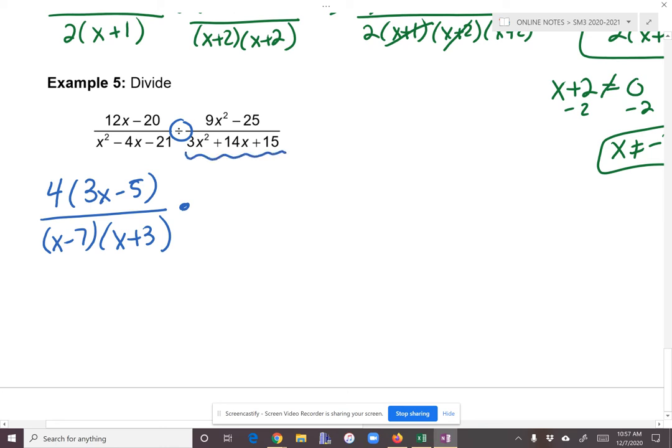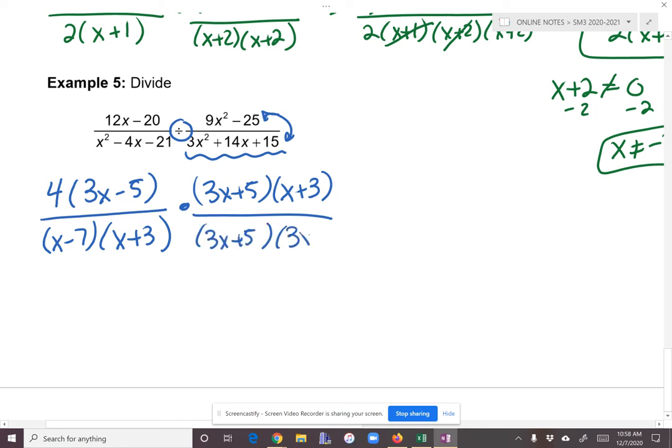So I'm going to put this guy on top, and it ends up being 3x minus 5. Ooh, just kidding. I get 3x plus 5 times x plus 3. And then this guy on bottom is 3x plus 5, 3x minus 5.